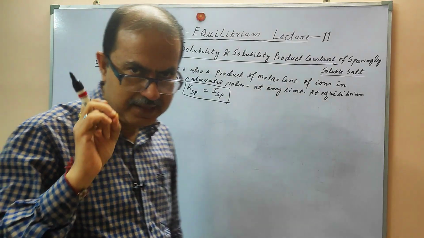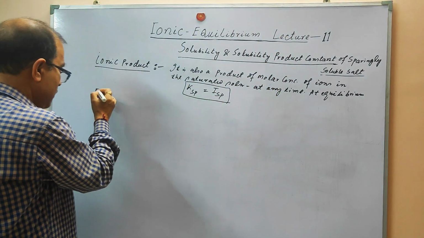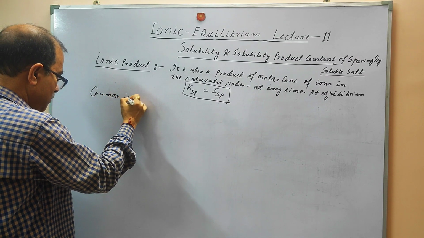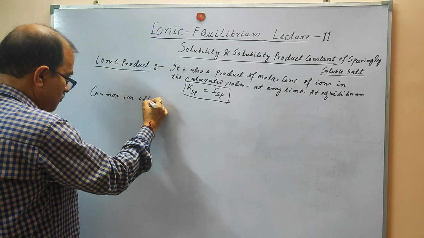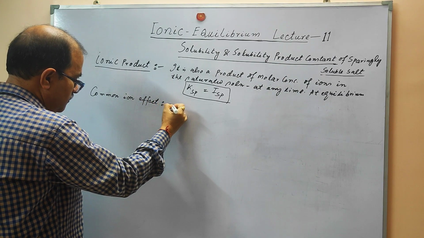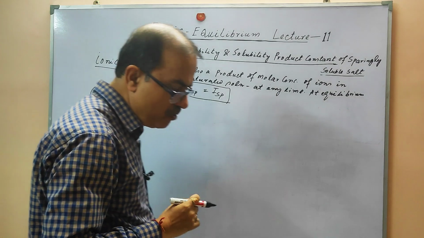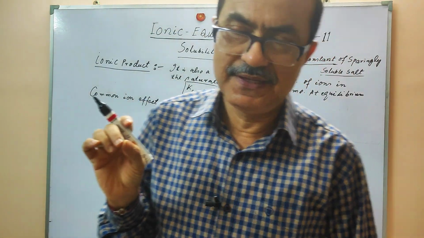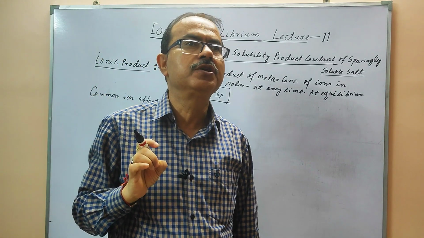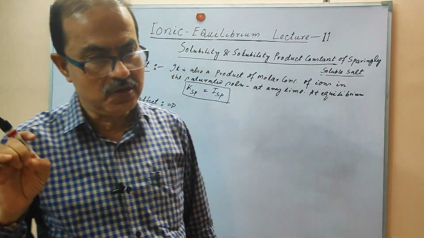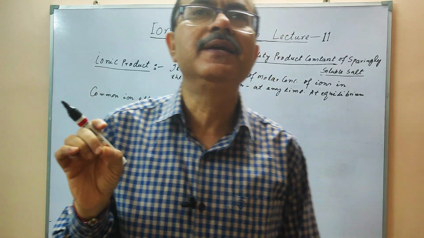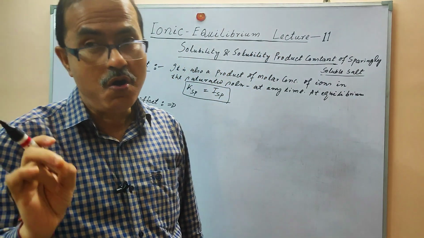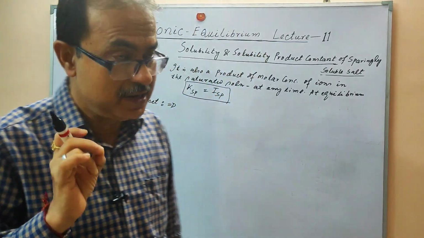Now we are going to discuss another important thing, that is the common ion effect. What is the common ion effect? It is basically when we put some strong electrolyte into an aqueous solution of a weak electrolyte, we find a very important thing: the dissociation, or ionization, of the weak electrolyte is suppressed.